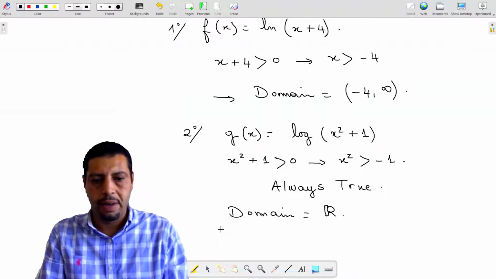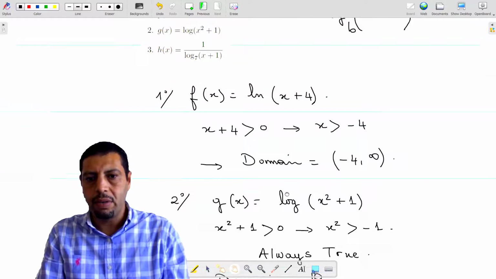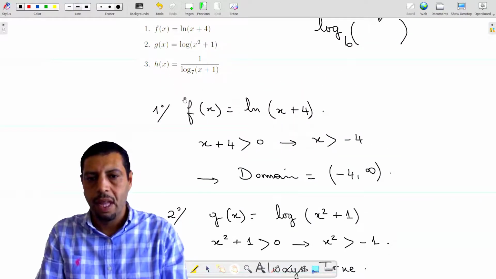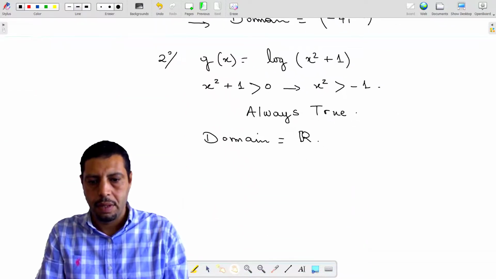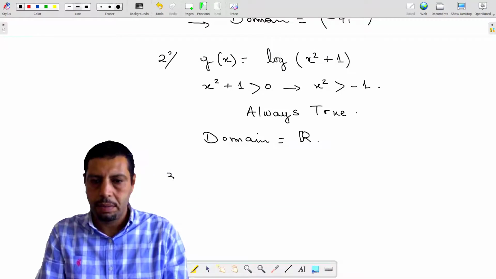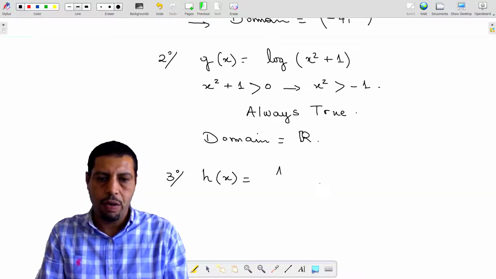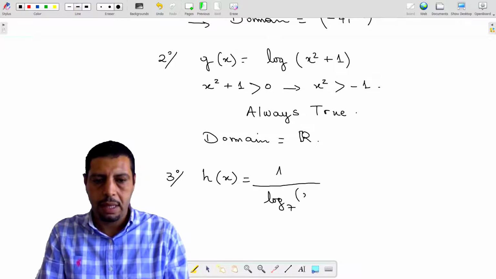It means R. Let's move to the third one, which is the most difficult one. h of x equals 1 over log 7 of x plus 1. I will write it here. So h of x is equal to 1 over log 7 of x plus 1.